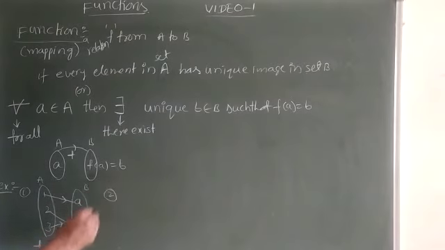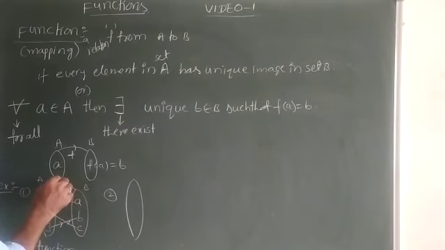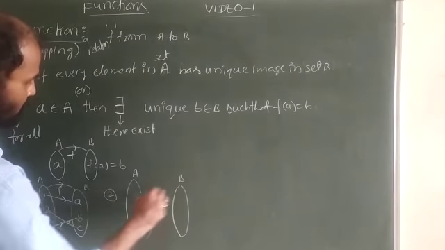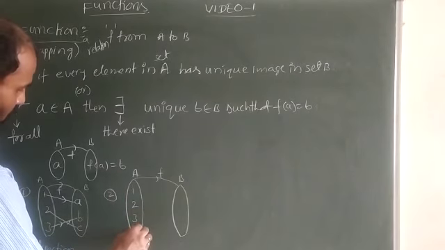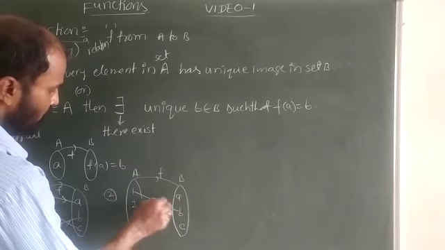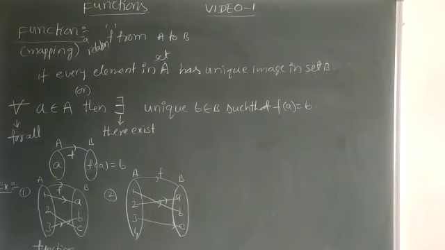Now see the second example. This is f from A to B. This is set A and set B. 1, 2, 3, 4. a, b, c. Is it a function?